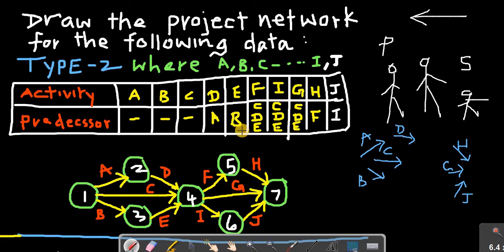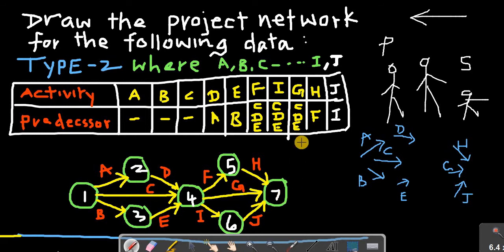E has the predecessor B. So B is here, and the predecessor of E is B. So I am joining that here. Let it be, sorry, because this arrow mark should not come here. Very interesting.